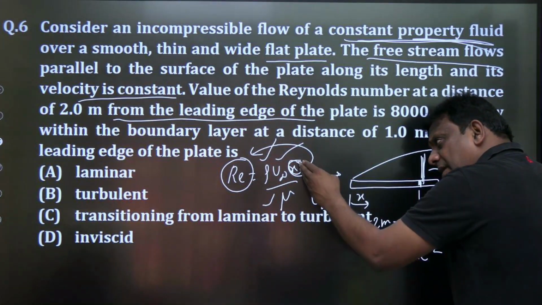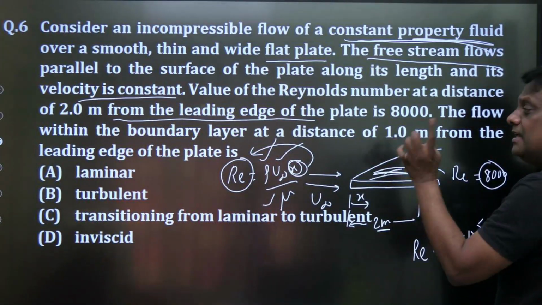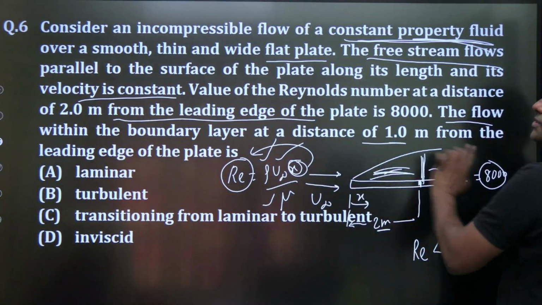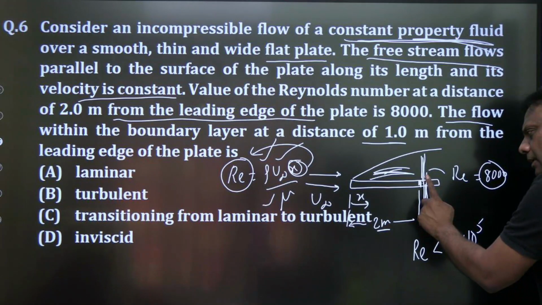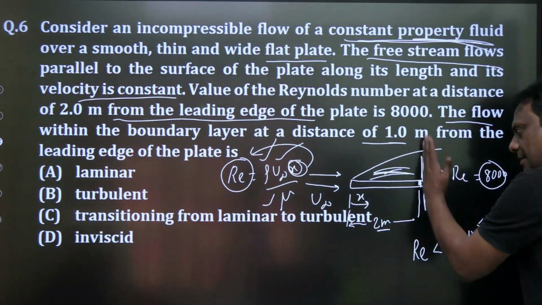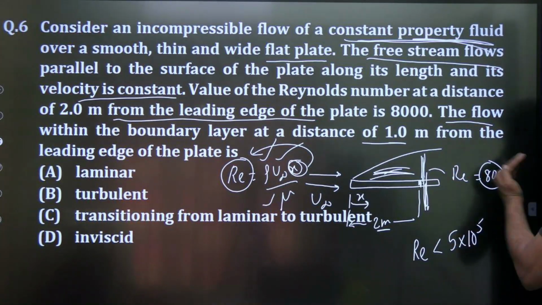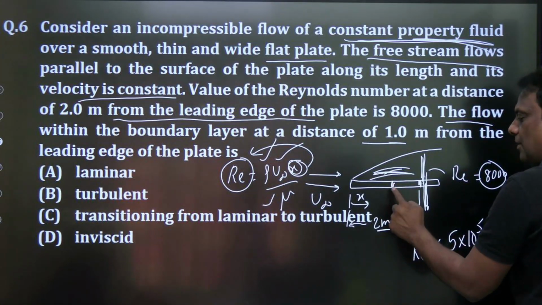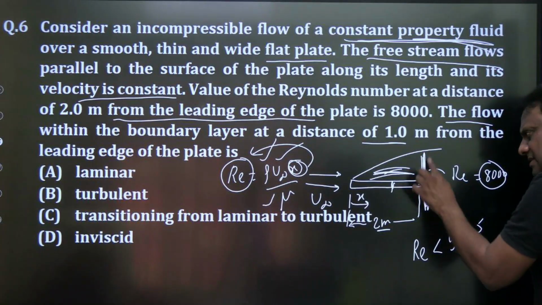What will be the Reynolds number at a distance less than 2 meter? It's all laminar. So the flow within the boundary layer at a distance of 1 meter: at 2 meter it is 8000, which is less than 5 into 10 power 5, so it is laminar. It will stay laminar further up to 5 into 10 power 5, but he is asking at 1 meter. So this is already a completely laminar boundary layer, and the Reynolds number is 8000.